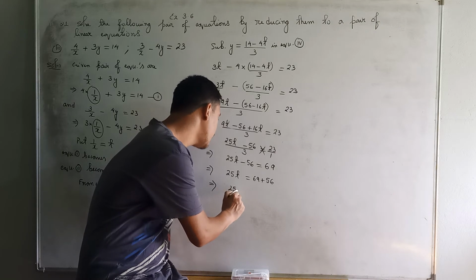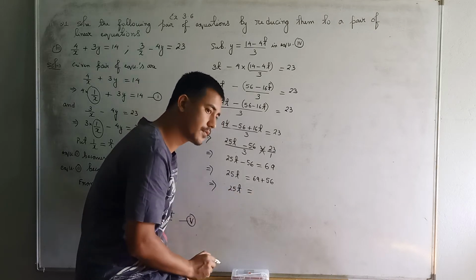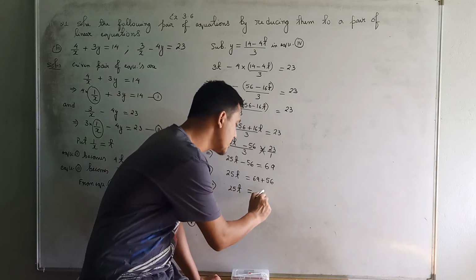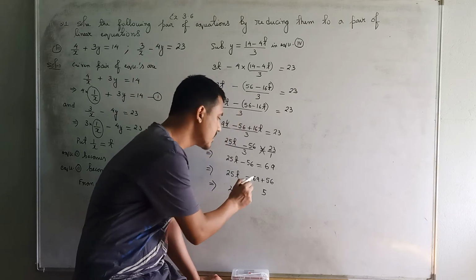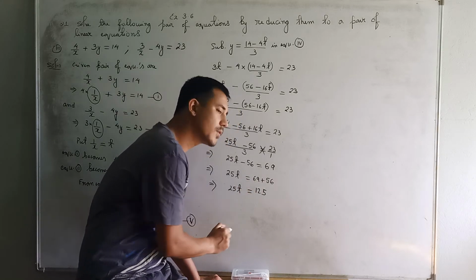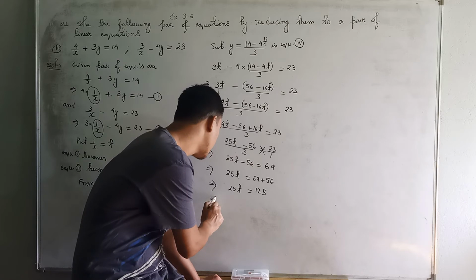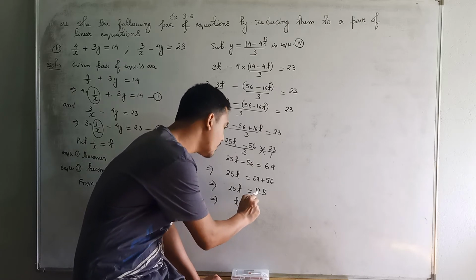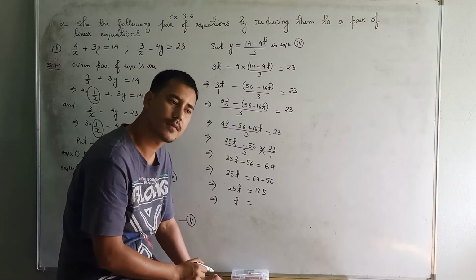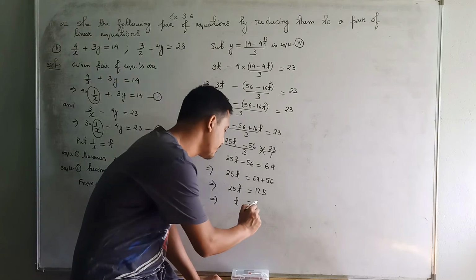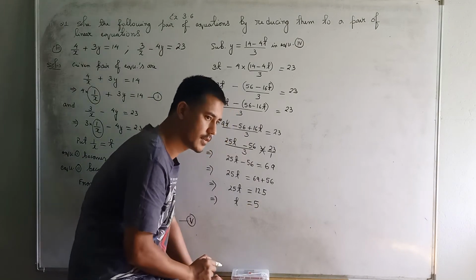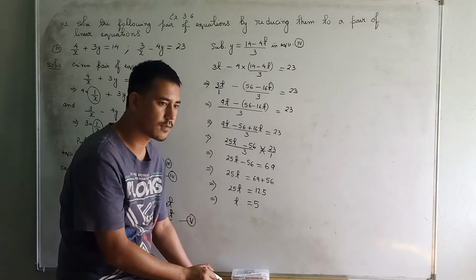So your 25t would be equal to 9 plus 6, 15. 6 plus 5, 11 plus 1, 12. So your t will be 125 upon 25. 25, 5 times is 125.